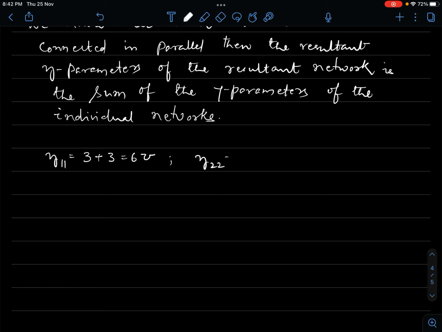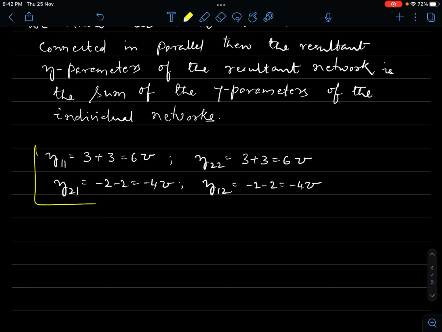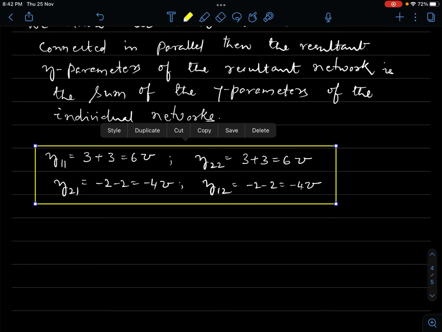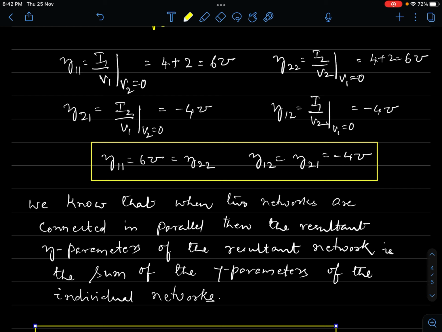Similarly, y22 is again 3 plus 3, which is 6. y21 is minus 2 and minus 2, that is minus 4 Mohs. y12 is again minus 4 Mohs. We have simply made use of this principle and we are able to get the y parameters. Right? So from the first principle we have got the same thing.